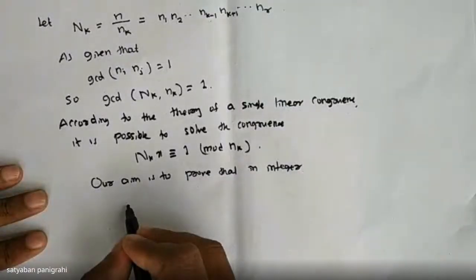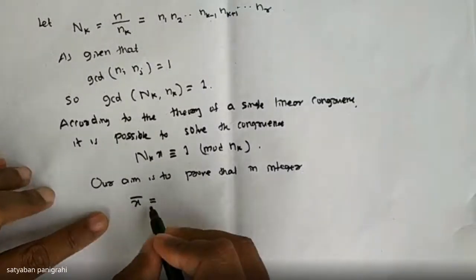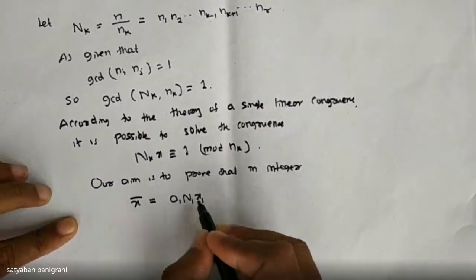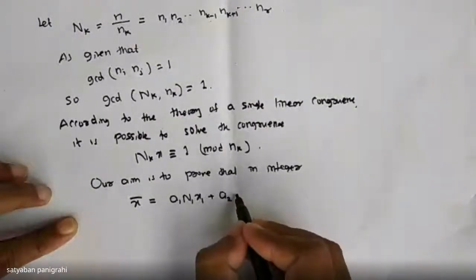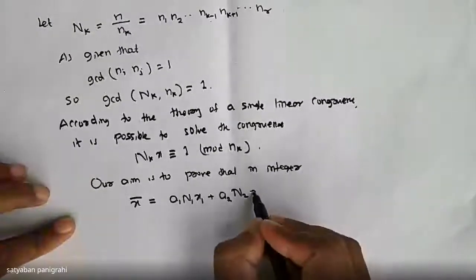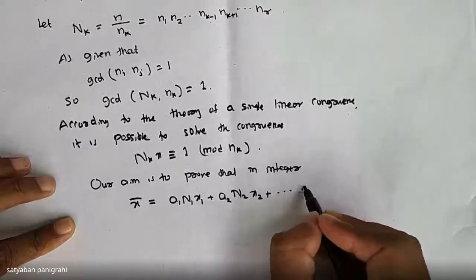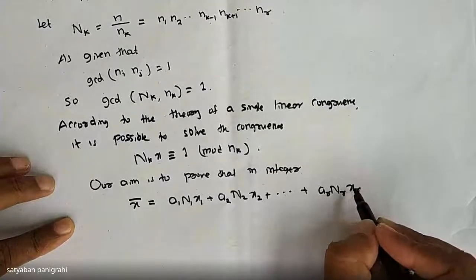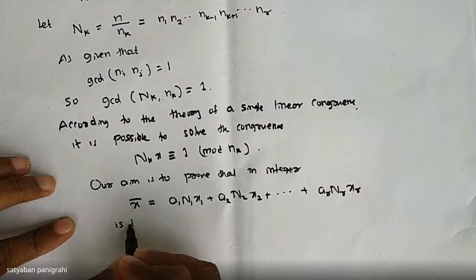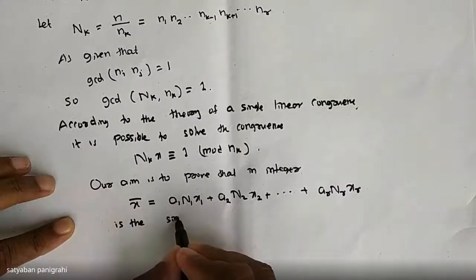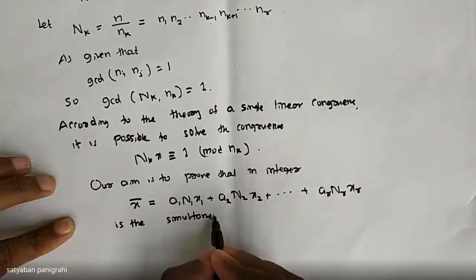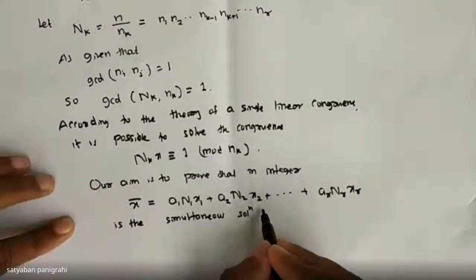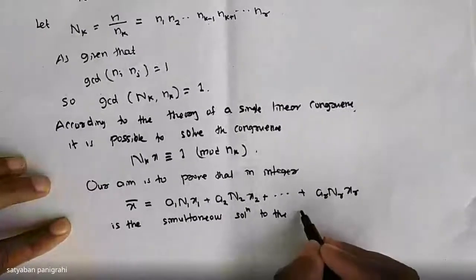This new integer x bar equals a1·n1·x1 plus a2·n2·x2 plus up to ar·nr·xr. This number is the simultaneous solution to the given system.